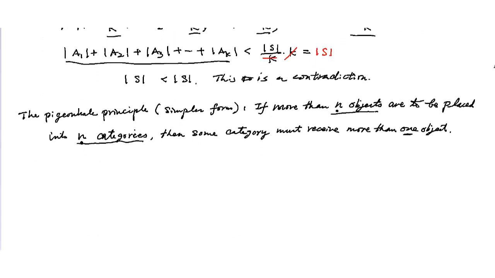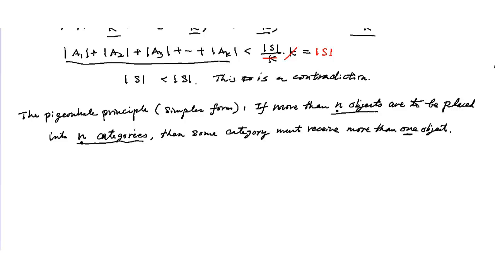The pigeonhole principle is also known as the drawer principle. For example, 11 pigeons are like 11 socks, and 3 pigeonholes are like 3 drawers. If you put 11 socks into 3 drawers, then some drawer must receive at least 4 socks.